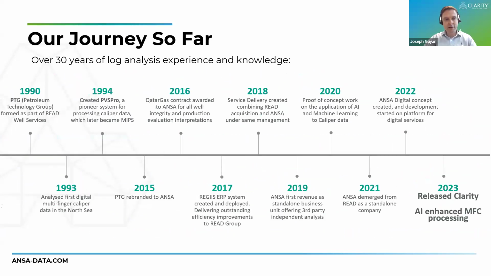And I'll just touch on our little timeline here. The relevant parts for us today are really the fact that we've been involved with multi-finger caliper data since the mid-90s and before, really. That was when one of the precursors to today's software came along. We were involved with that from day one. We've been big users of multi-finger caliper software ever since then.